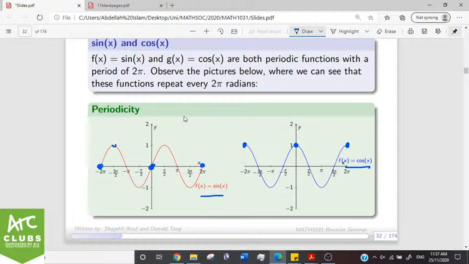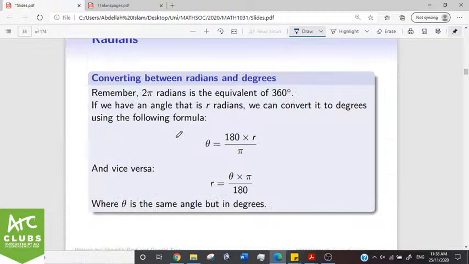And you can do this with any number of spots, because from here to here is the exact same as from here to here. And for cosine, from there to there is the exact same as from there to there as well. So these are examples of periodic functions. They act the exact same wherever you go.